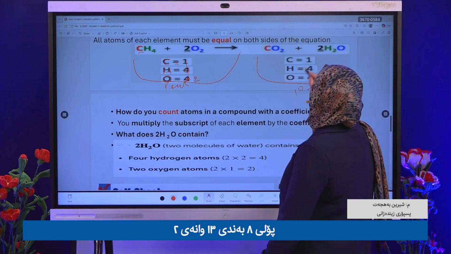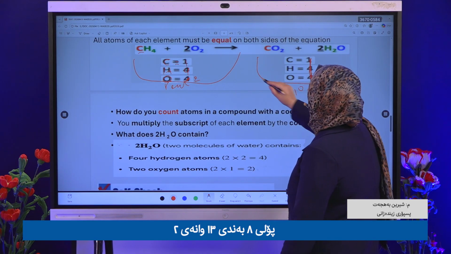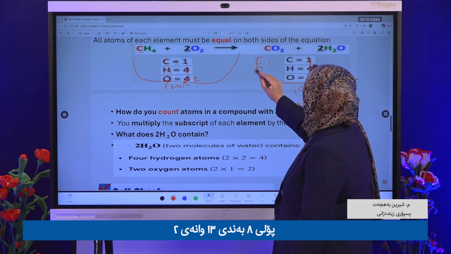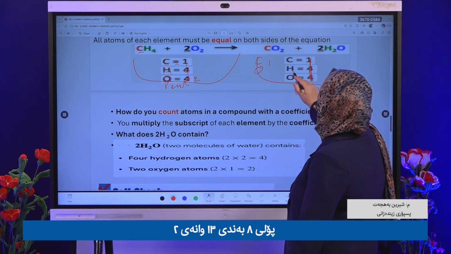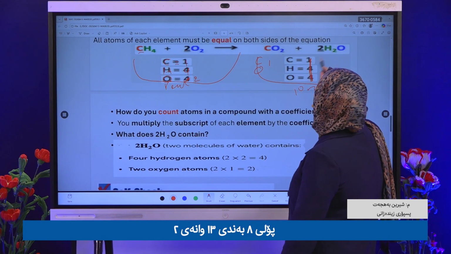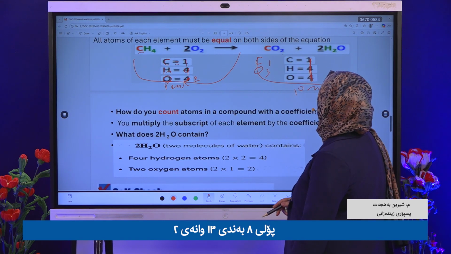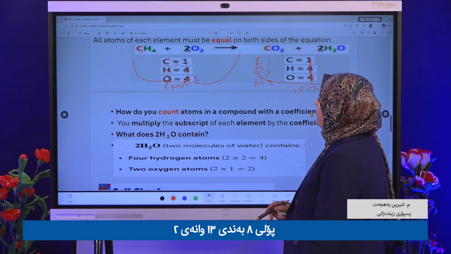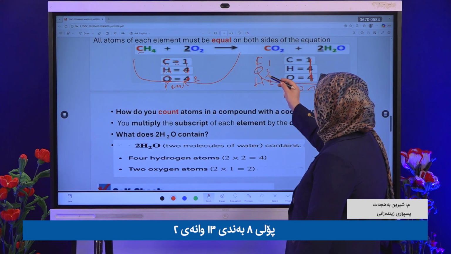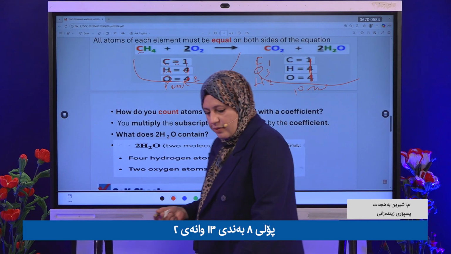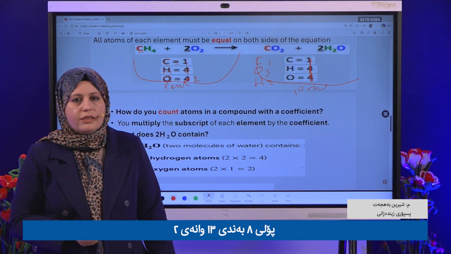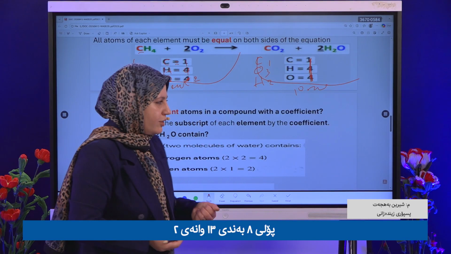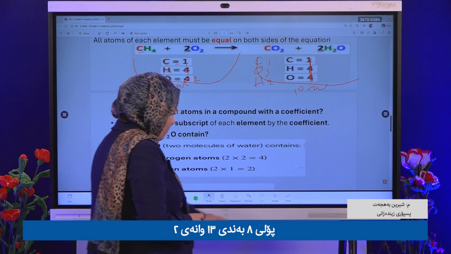On the other side, carbon is 1, oxygen is 1, 2, 3, right? And hydrogen is 2. So does it balance? Of course not. So we add a coefficient. We added what?